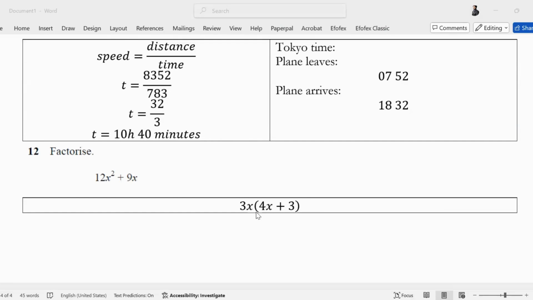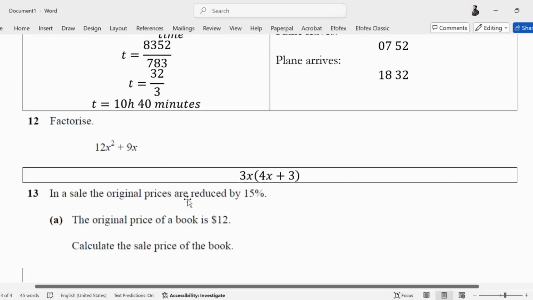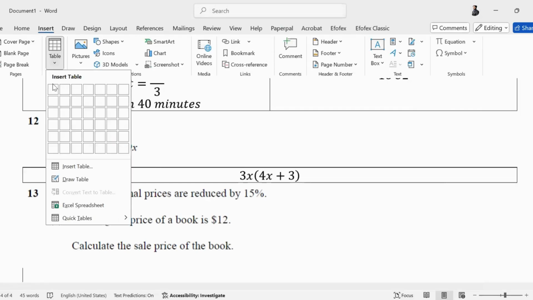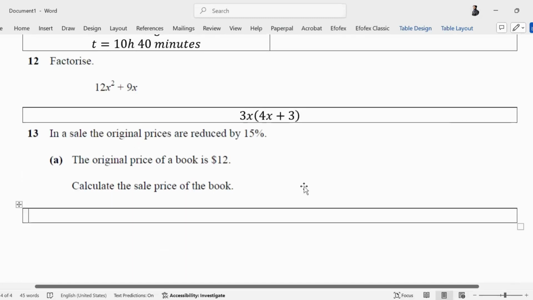And moving on to number 13. In a sale, the original prices are reduced by 15%. 15% of what? 15% of the original price. The original price of a book is $12. Calculate the sale price of the book.